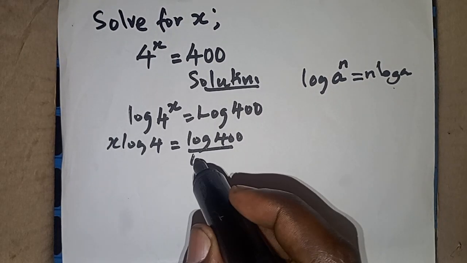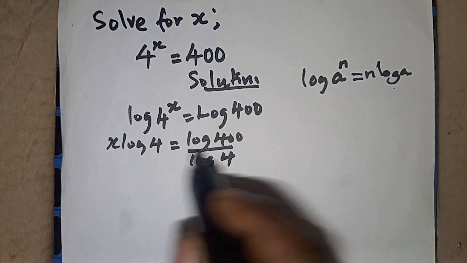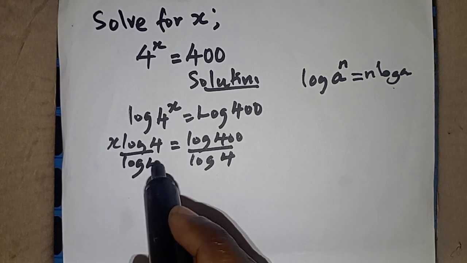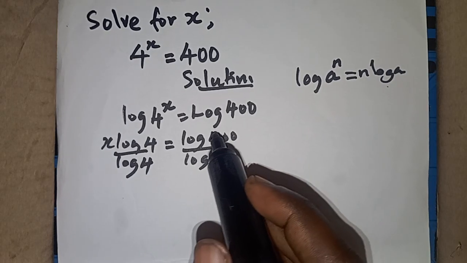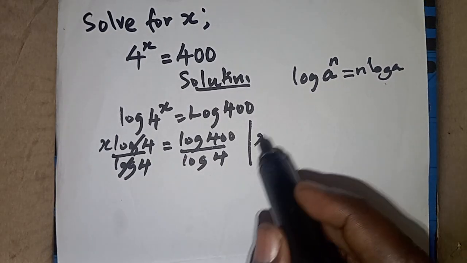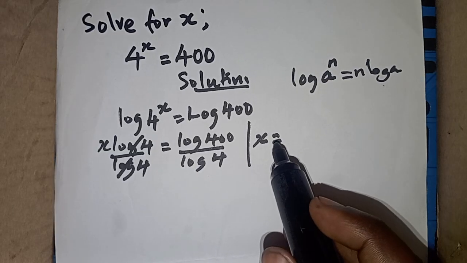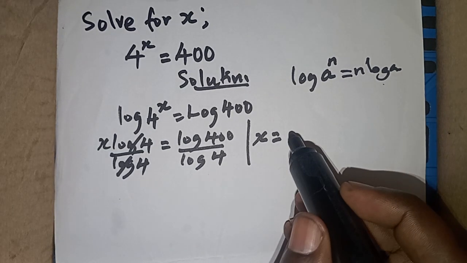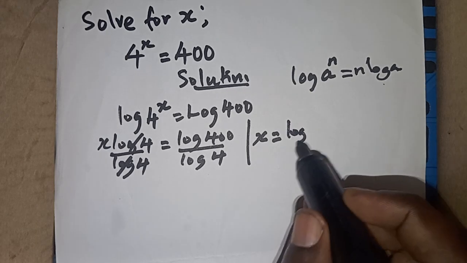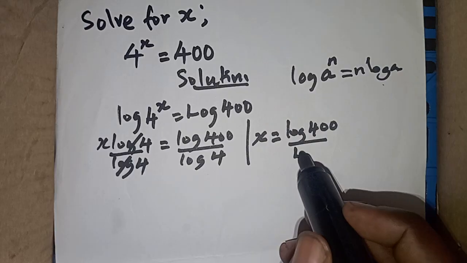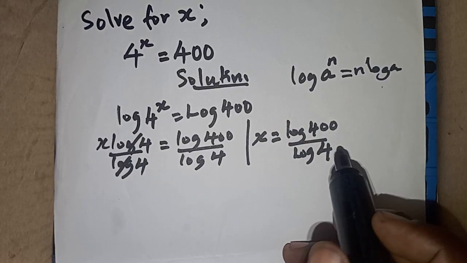Since I want x to be alone, I'll divide all through by the log 4, so that to find x, this is equal to the log of 400 divided by the log of 4.